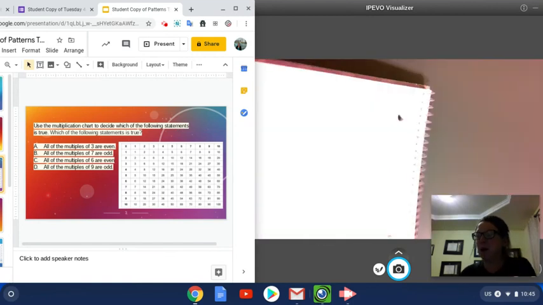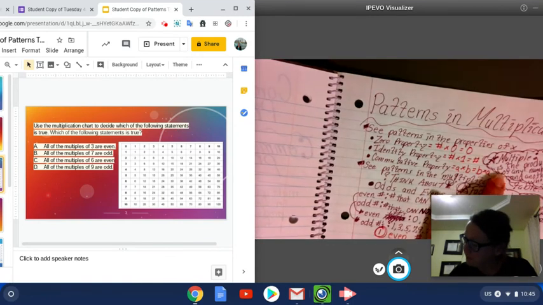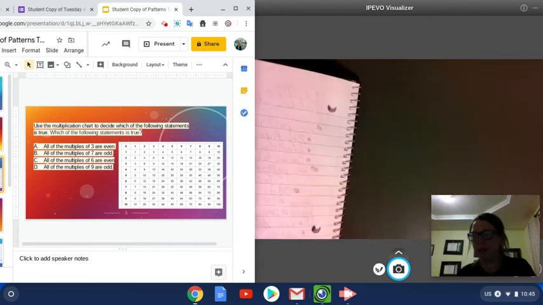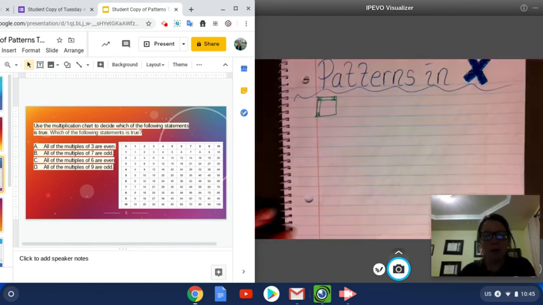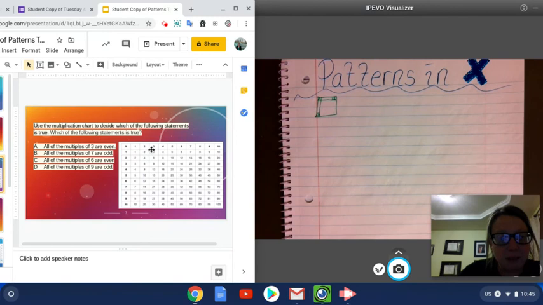A multiple is the product of any number and another number, so that would be like 3 times 1 is 3. 3 times 2 is 6. Those are both multiples of 3. 3 times 3 is 9.